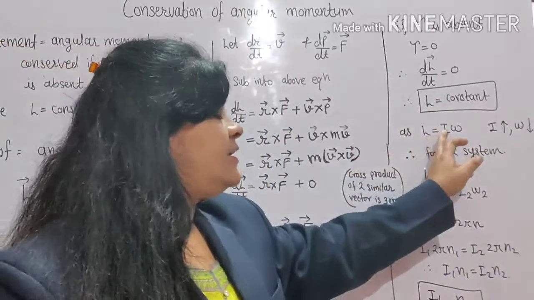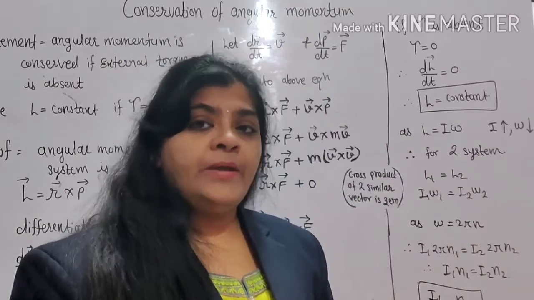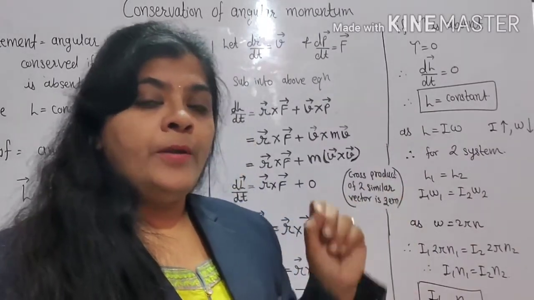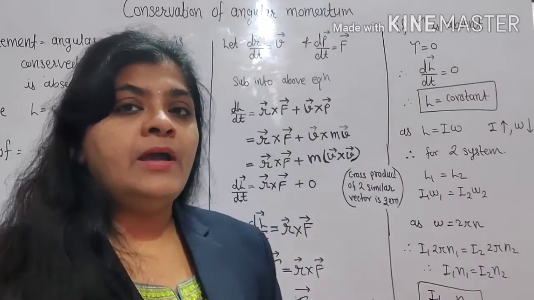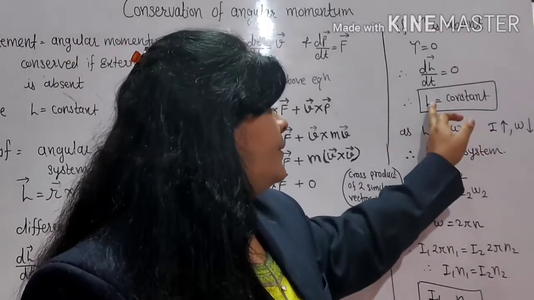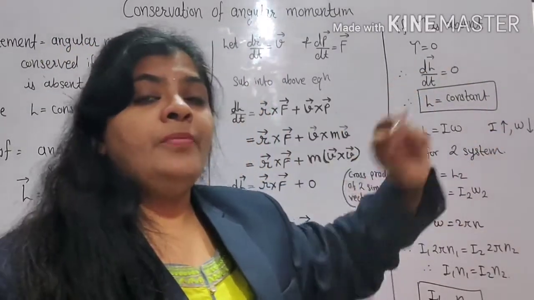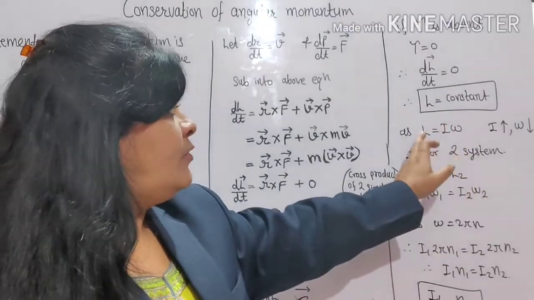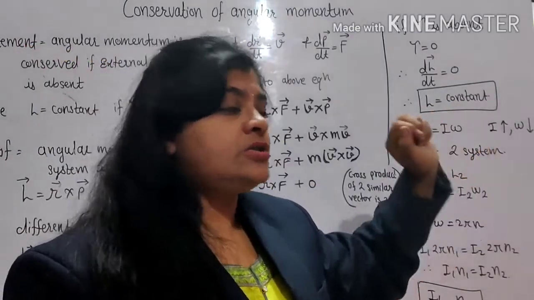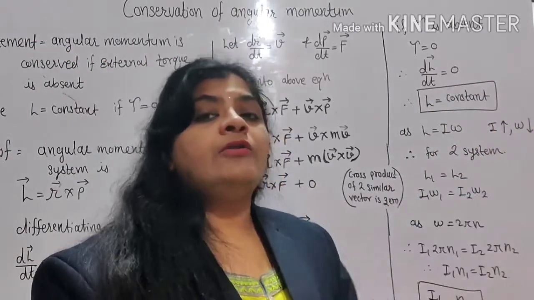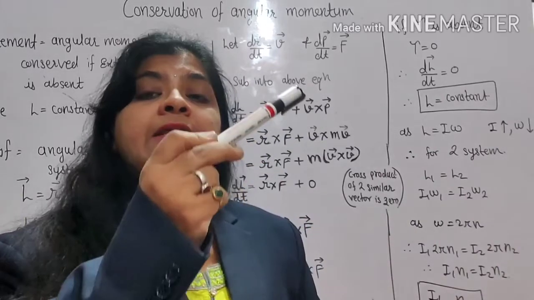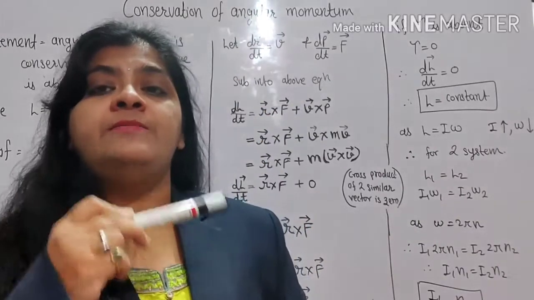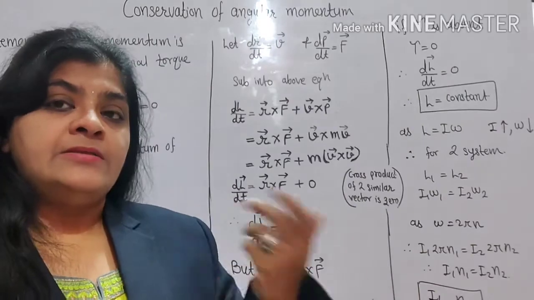Now see that L is equal to I times omega, where I is the moment of inertia and omega is the angular velocity. According to the law, L is constant, so this product remains constant. It means that if I goes on increasing, omega must go on decreasing.